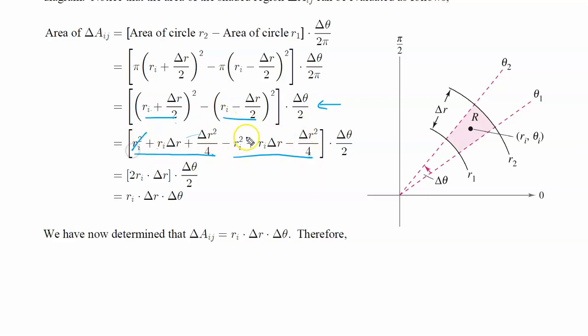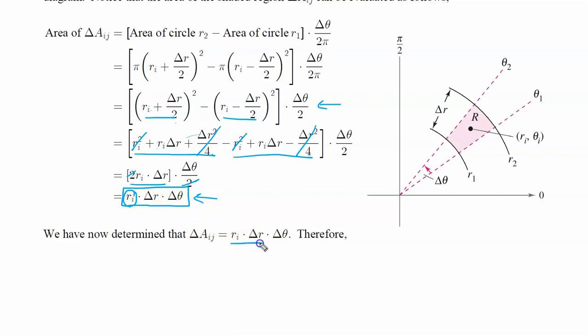Notice the R sub i squares cancel. These two terms cancel, and we're left with 2 R sub i delta R. So that's right here, and then we multiply by delta theta over 2. The 2's cancel, of course. And here you go. Here is the area of the region delta A sub ij. You notice you have that factor that I had alluded to before, R sub i times delta R times delta theta. Okay, so there you go.